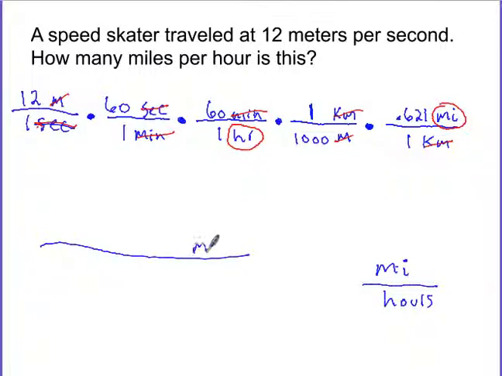So 12 times 60 times 60 times 0.621. Somebody with a calculator, start punching buttons.